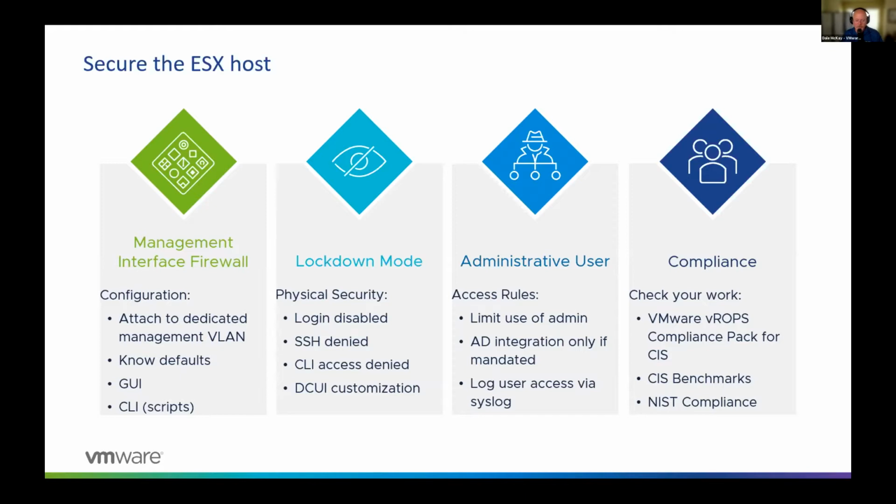For instance, there are some services that are denied by default. So make sure you know what those are. And you can either adjust or change as necessary that firewall rules via the GUI or via the CLI. Just this one step can add quite a bit of security to your VMware infrastructure.